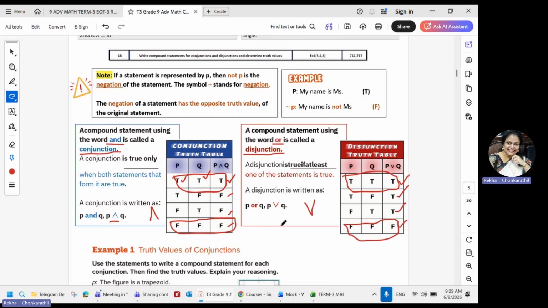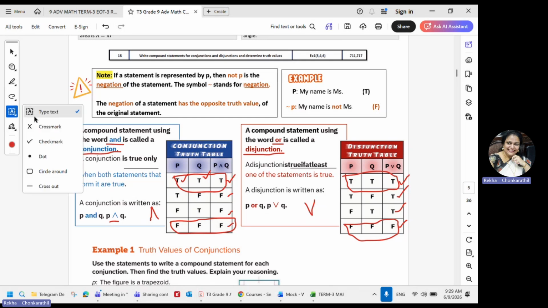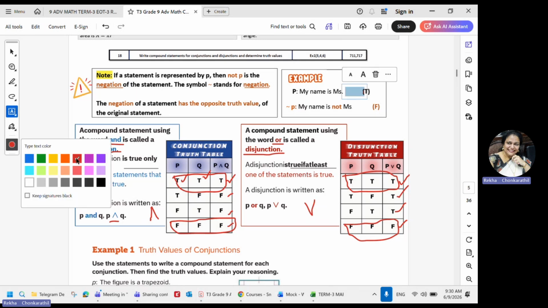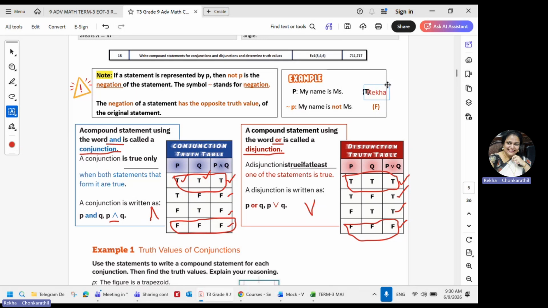And we talk about negation of statements also here. Negation is, for example, I want to write my name. So for example, I write my name is Rekha. If my name is Rekha is the actual statement, my name is not Rekha will be the negation statement.